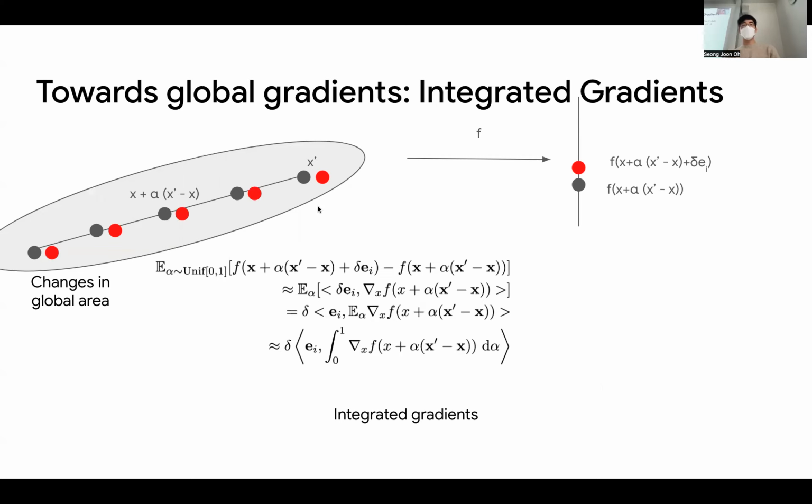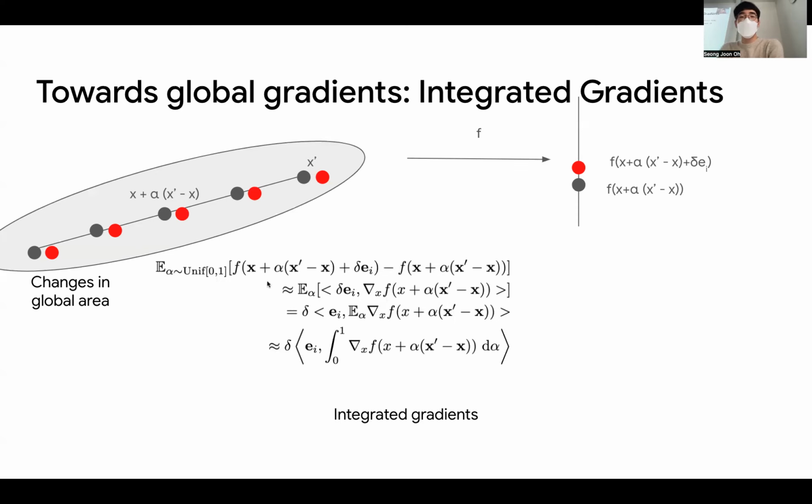This is pixel space, so you're interpolating between, let's say, an image and a black image by slowly dimming your image into a complete black image, okay? And you do the same kind of gradient computation at every intermediate point along the straight line, and then average them afterwards. And that's going to give you something called integrated gradients, okay?